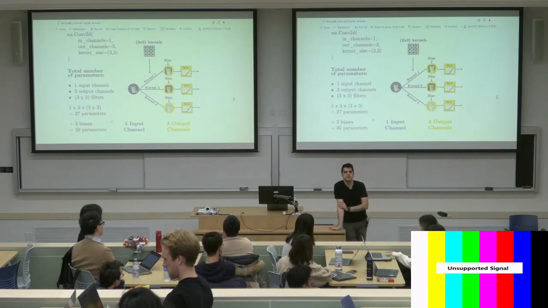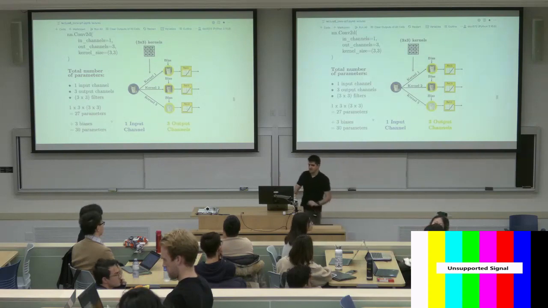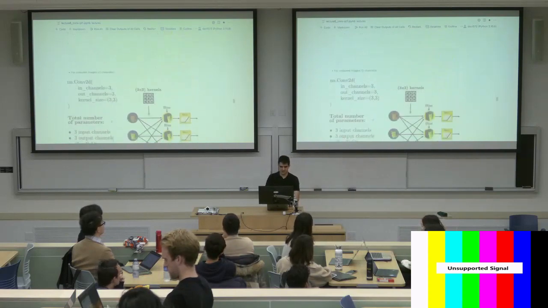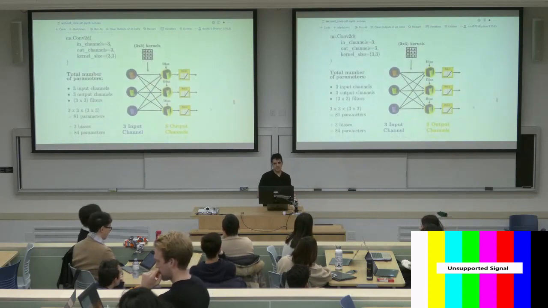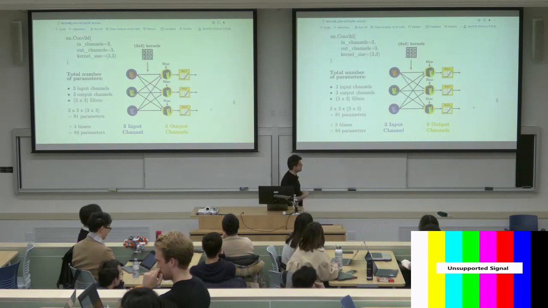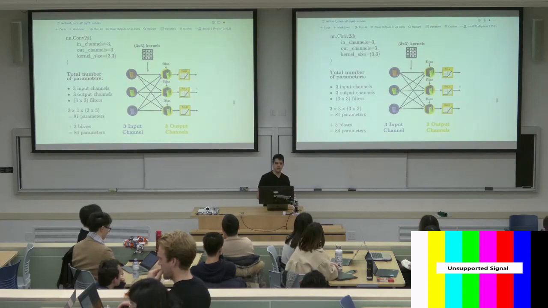All right. So another example. This time we have 3 input channels or 3 input image features, and we have 3 output image features.